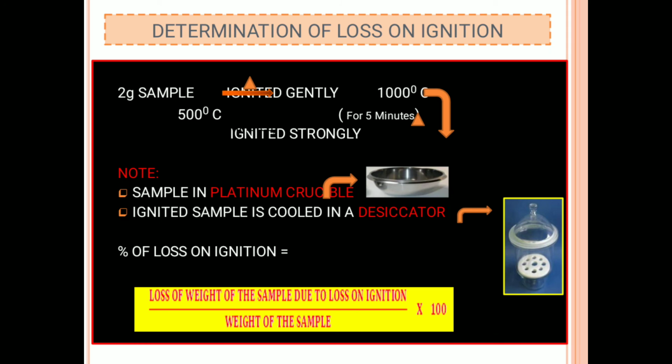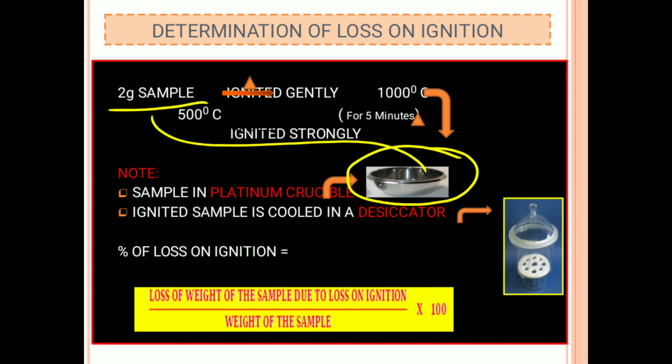Next one is determination of loss on ignition. Here also almost same procedure, but instead of taking the sample in porcelain dish, you need to use here platinum crucible. Take 2 gram of sample, that is iron ore, into this platinum crucible. Then you need to ignite gently for 5 minutes at 500 degrees Celsius.